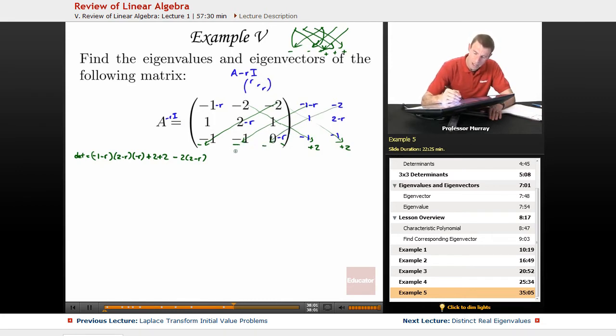So that second back diagonal is -1 minus R times -1, and then there's another negative, so it's plus -1 minus R.